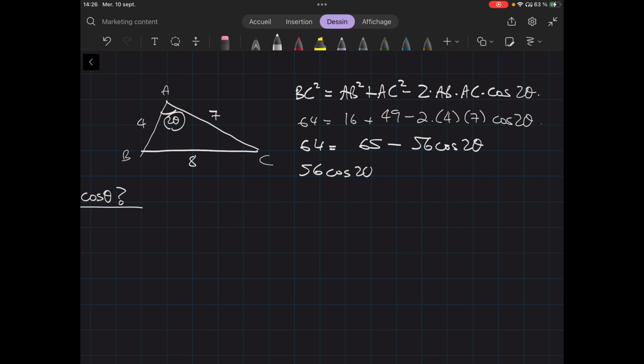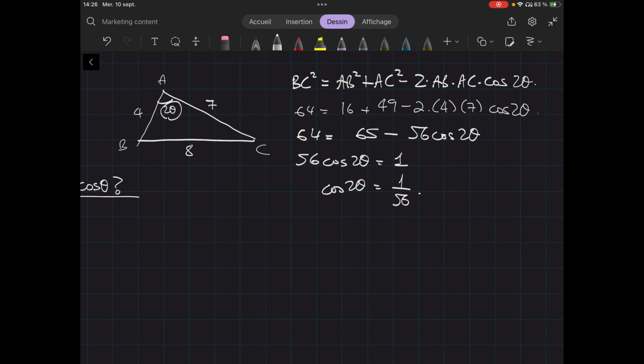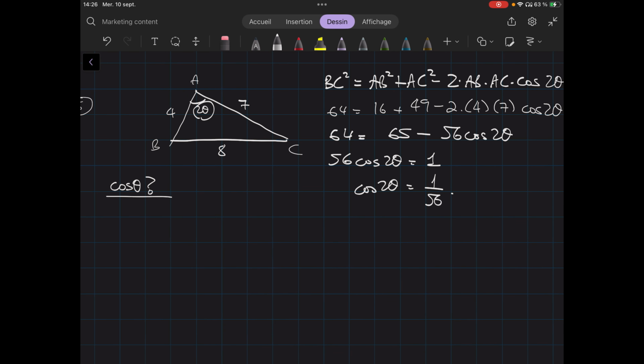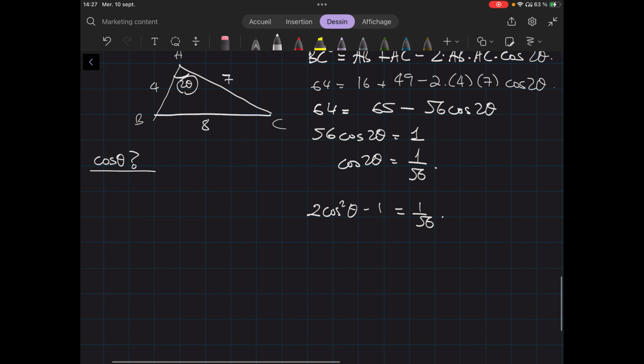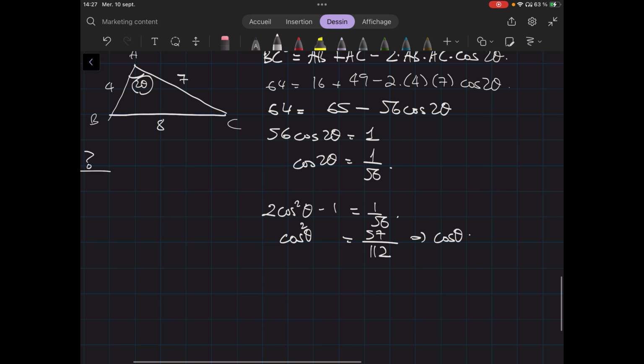So 56 cos of 2 theta is equal to 1, and cos of 2 theta is 1 by 56. Cos of 2 theta is 2 cos squared of theta minus 1. This is one of the identities that you must know. Cos squared of theta is going to be 57 by 112, and therefore cos of theta is going to be the square root of this number.